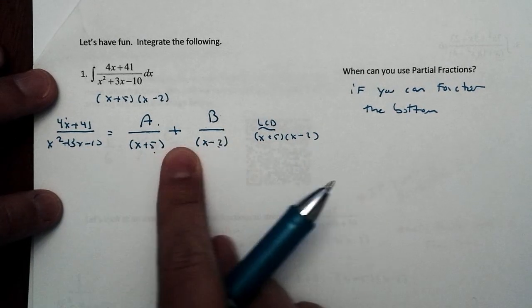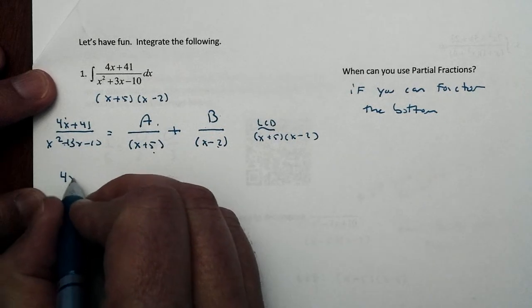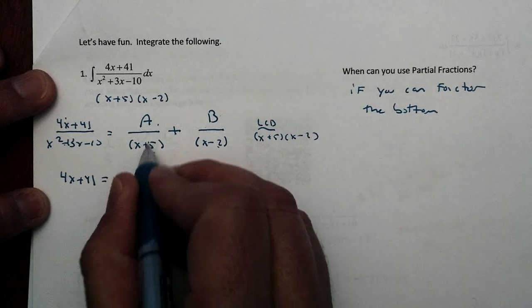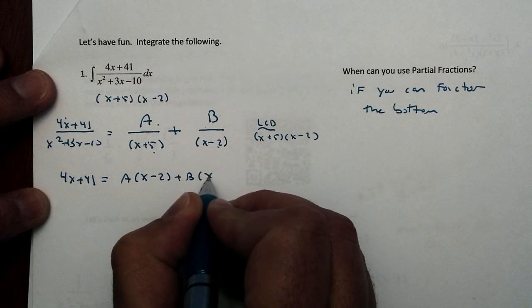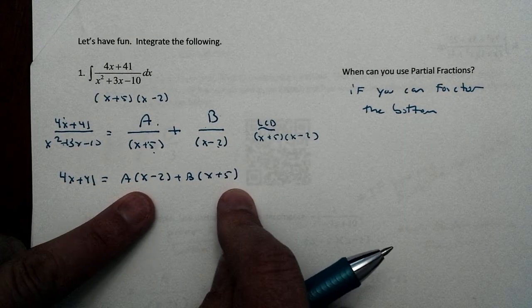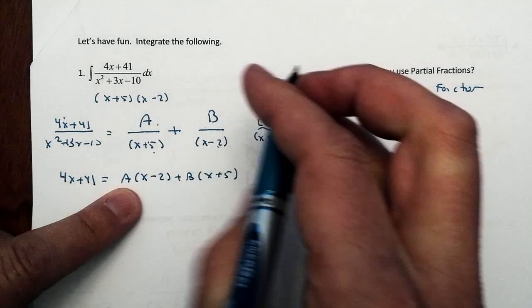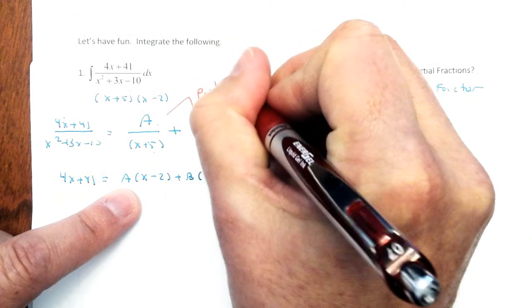So I'll multiply everything by the common denominator, and that's going to give me 4x plus 41 equals A times x minus 2 plus B times x plus 5. And now we're going to apply the Heaviside method for finding A and B. Remember, these are our partial fractions right here.